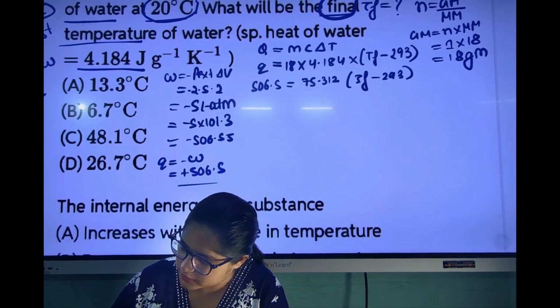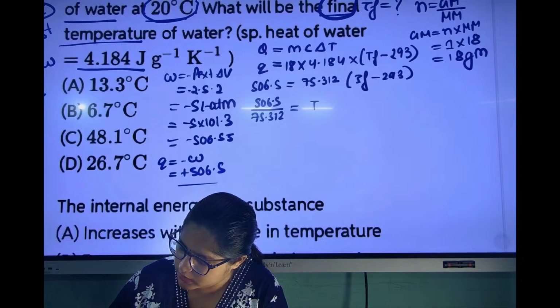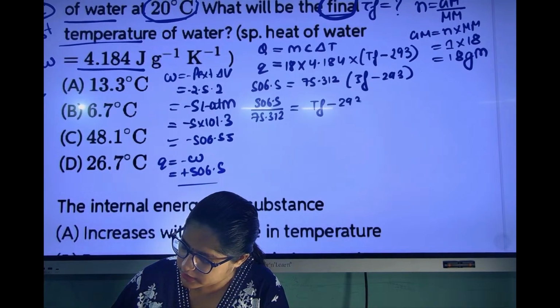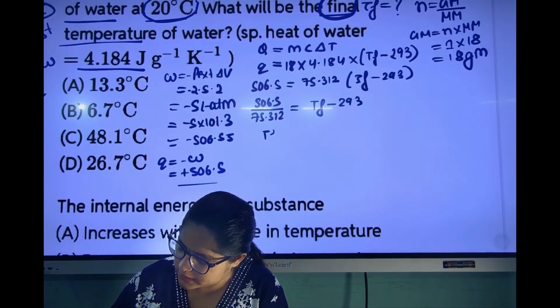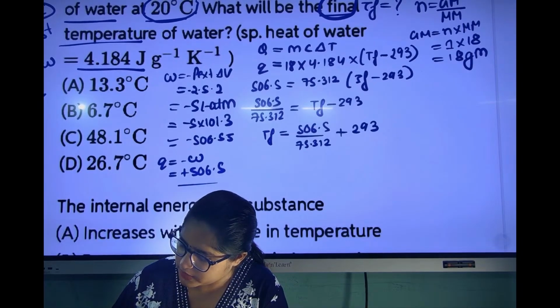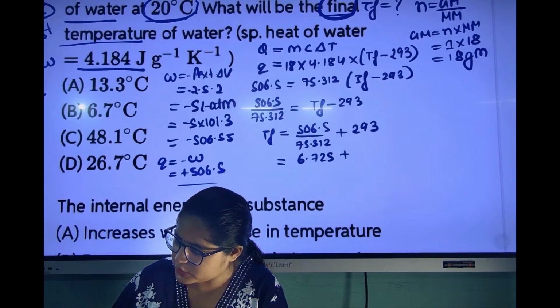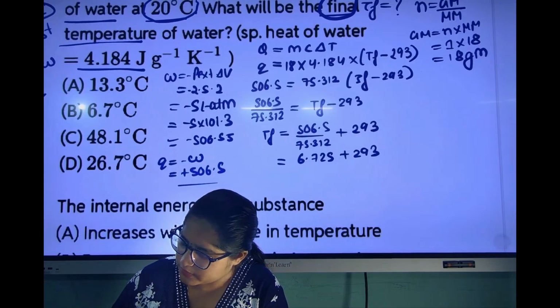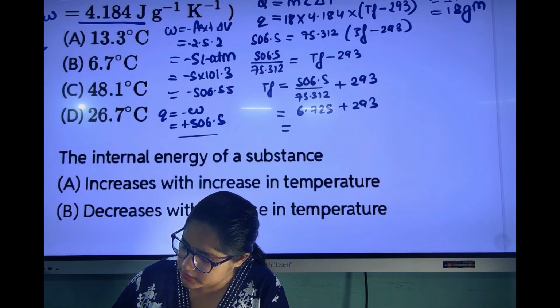When we do this, we get 75.312. So 75.312 goes to this side, and T final minus 293 equals 506.5 over 75.312. From here, T final equals 506.5 by 75.312 plus 293. When we divide, we get 6.725, plus 293.